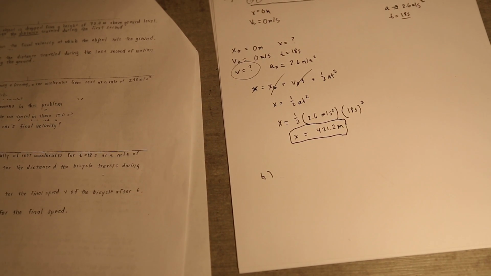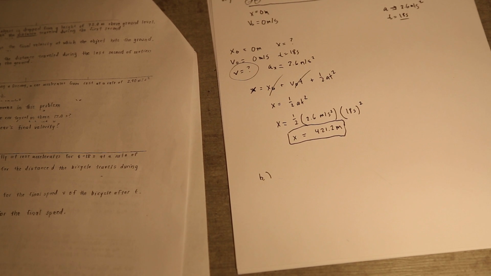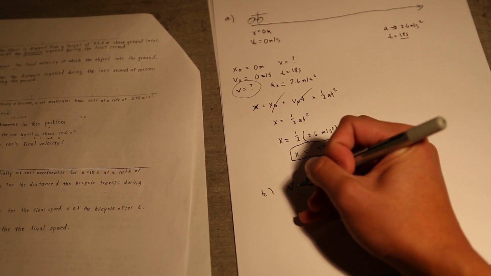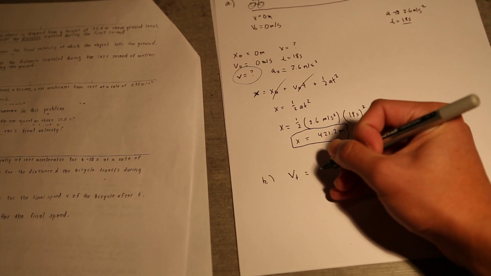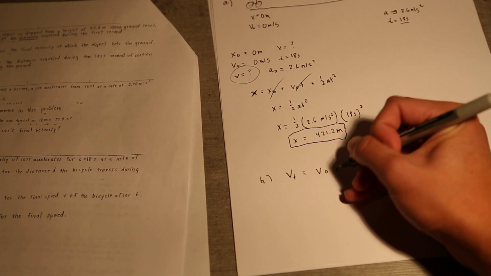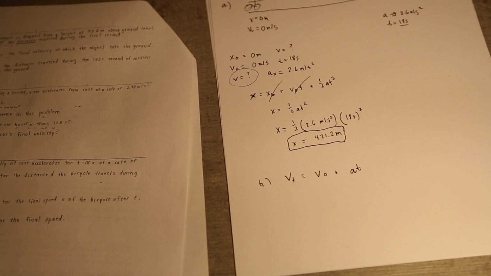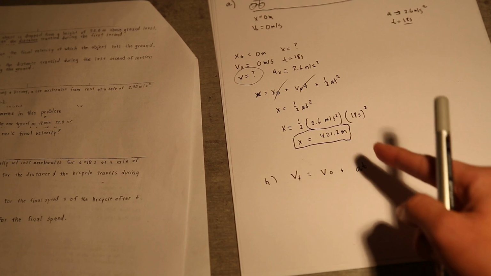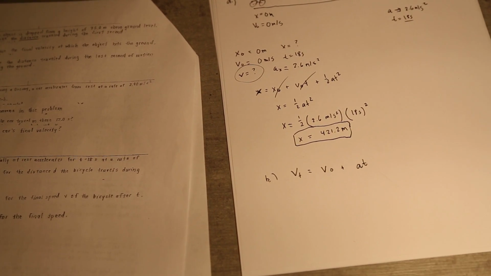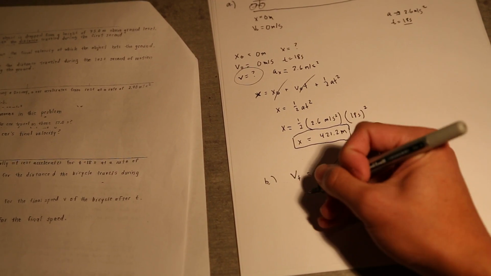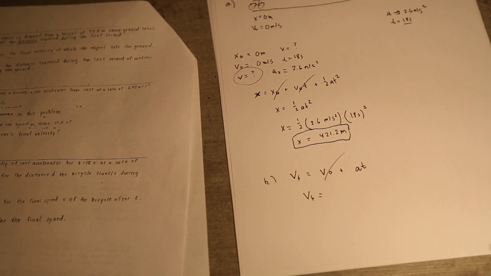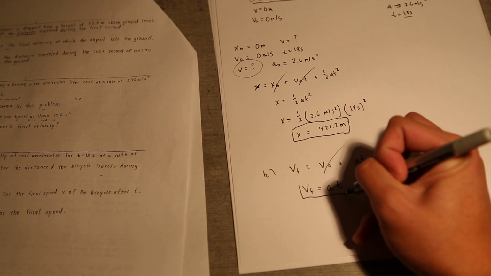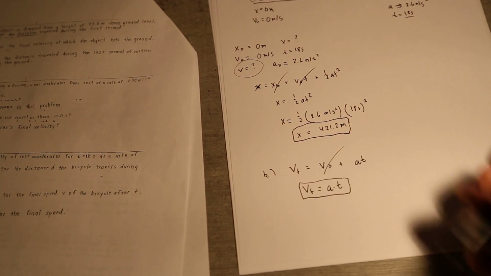I'm going to be using v final equals v naught plus at to find the expression. We're trying to find v final. We know v naught is just 0, so we can cross that out. So in expression form, v final equals a times t. That's it. That is all you have to do.